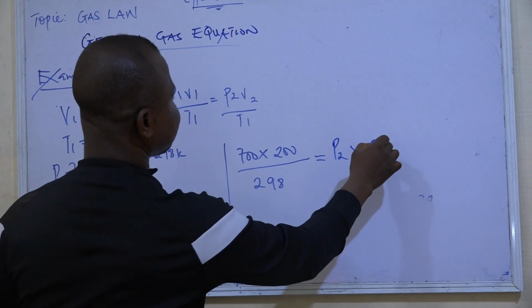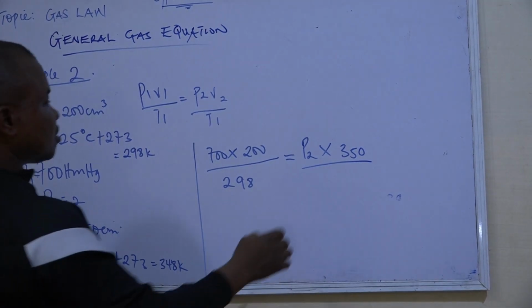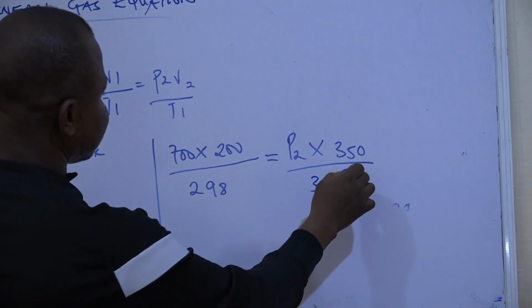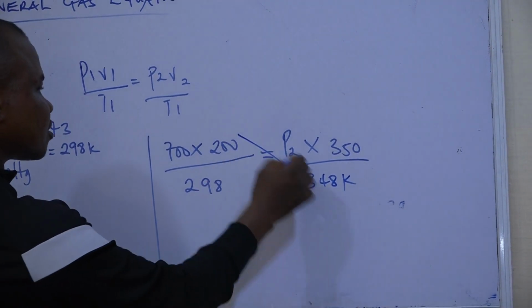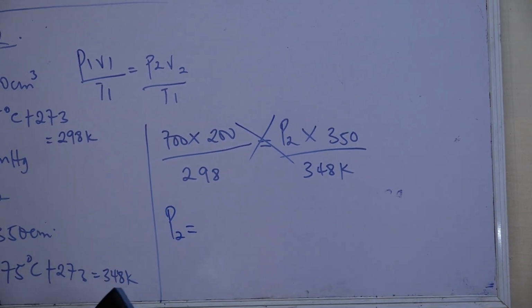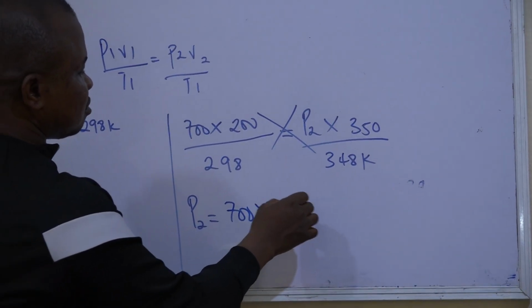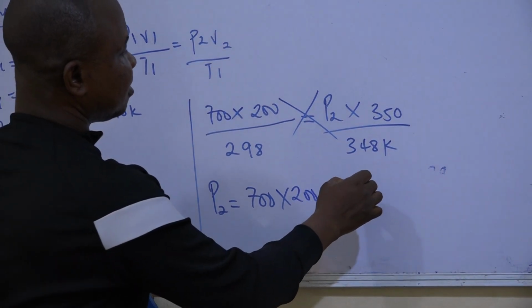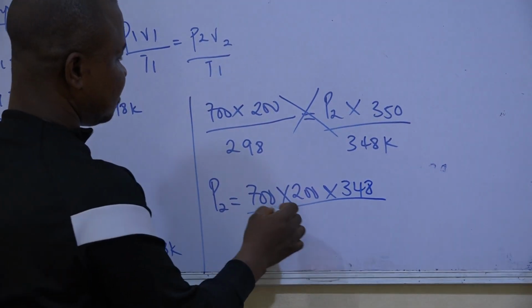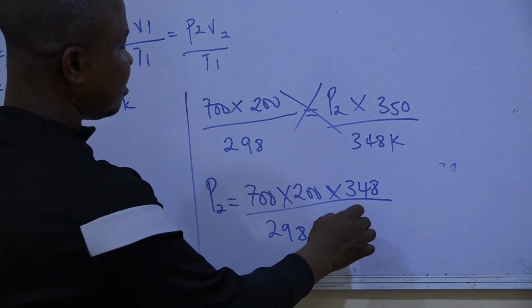Our V2 is 350, remember it increases, divided by T2, which is 348 Kelvin. Now let's cross multiply to get our final answer in mmHg. We have 700 multiplied by 200 multiplied by 348 divided by 298 multiplied by 350.